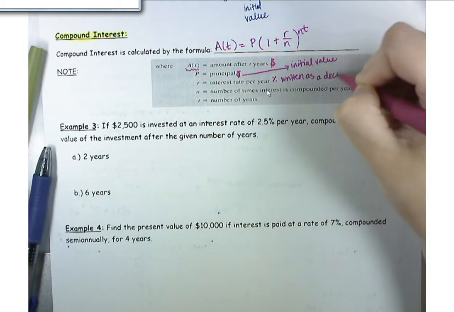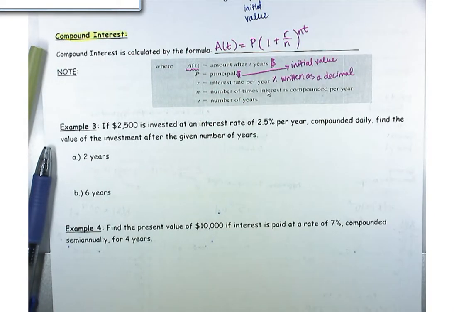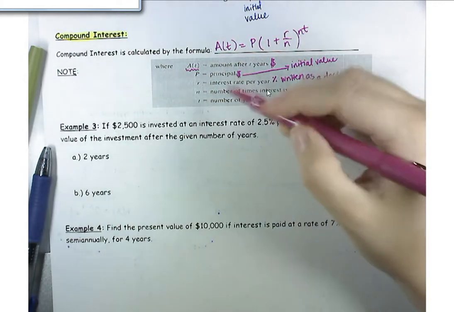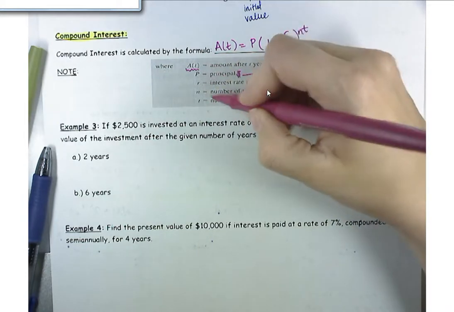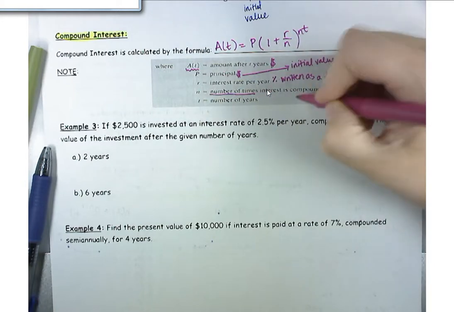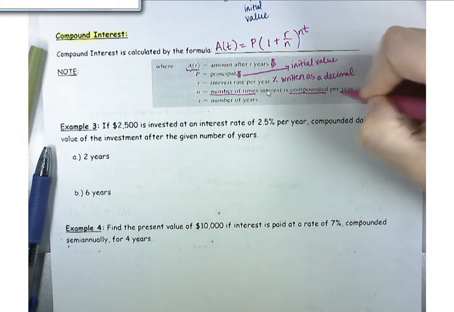So if you're given a percent and you need to write it as a decimal, do you guys remember what you need to do? 2 places to the left, okay? Because you're really just dividing by 100. So then n is going to be the number of times interest is compounded per year.